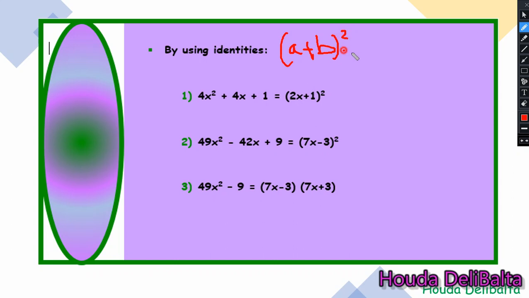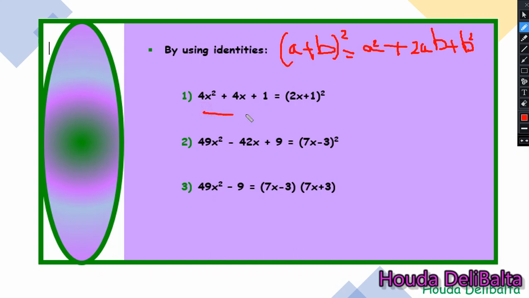That's equal, let's recall, it's equal to a squared, remember with me, plus 2ab plus b squared. Now you are going to have it in the expanded form, and you are going to determine this factorized form.